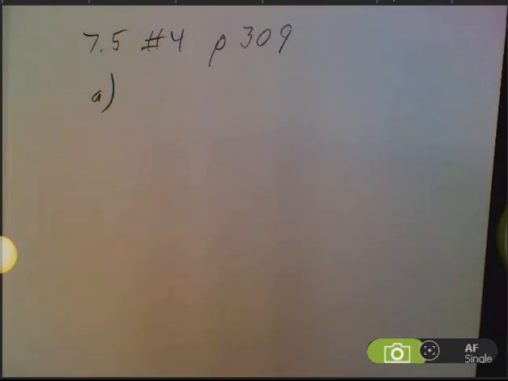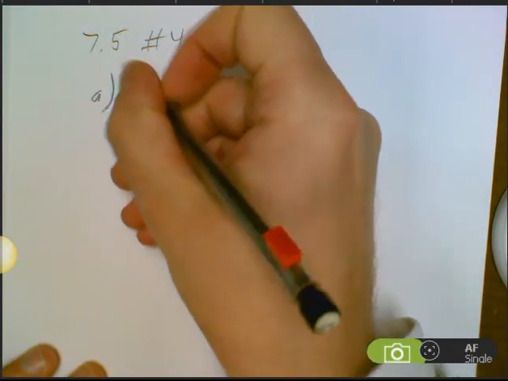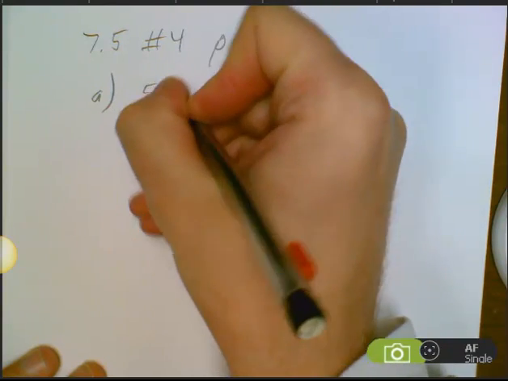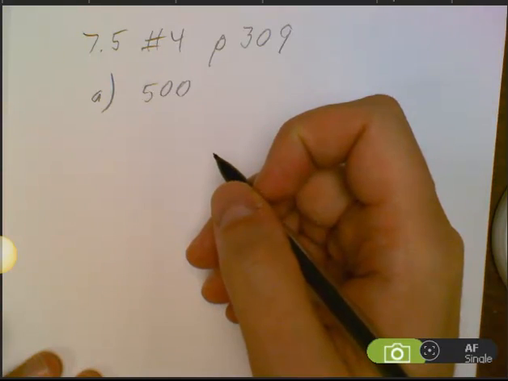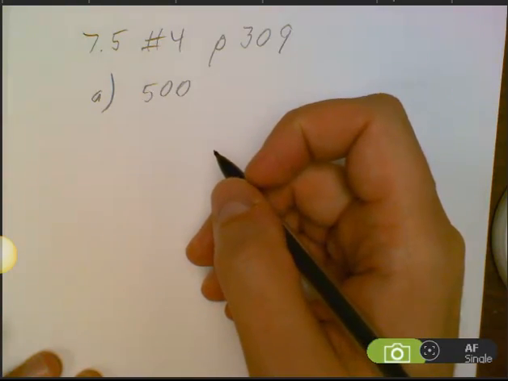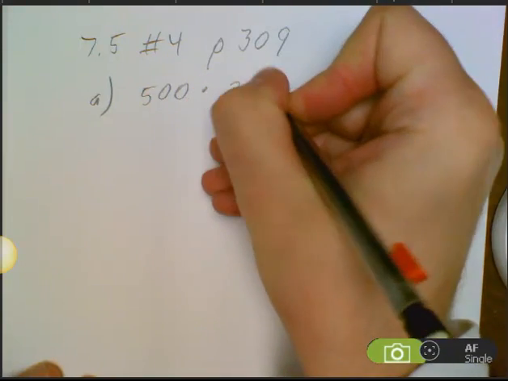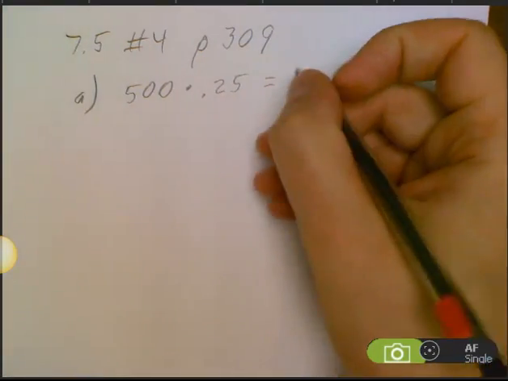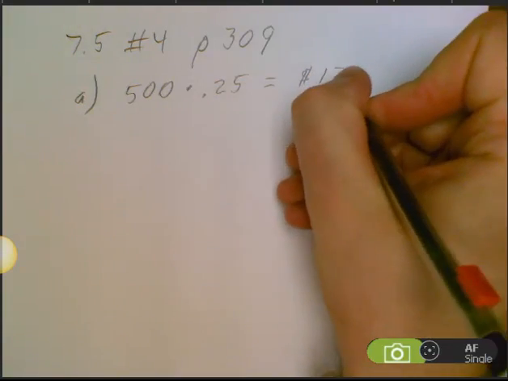Okay, so part A is pretty straightforward. A television that originally cost $500 is marked down by 25%. Now what we could do is multiply 500 by 0.25 and subtract that. So 500 times 0.25 equals $125.